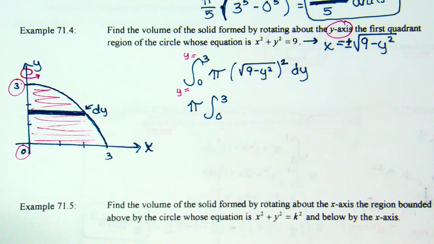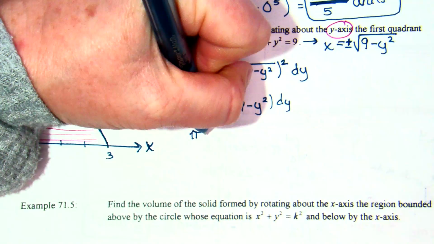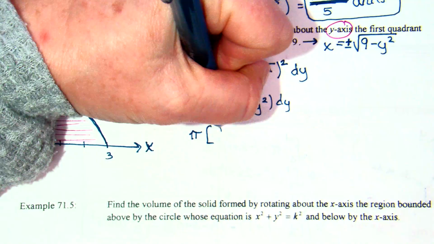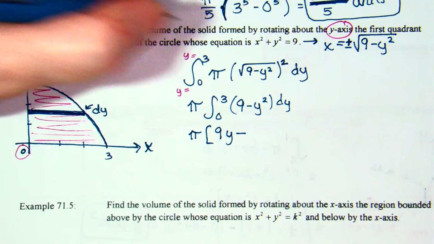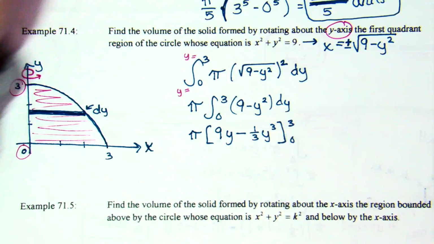Okay, so pi out front. The integral of 9 is 9y minus the integral of y squared, y cubed over 3, or 1/3 y cubed, evaluated from 0 to 3. Gotta love all these zeros we've been getting today. Okay, pi.